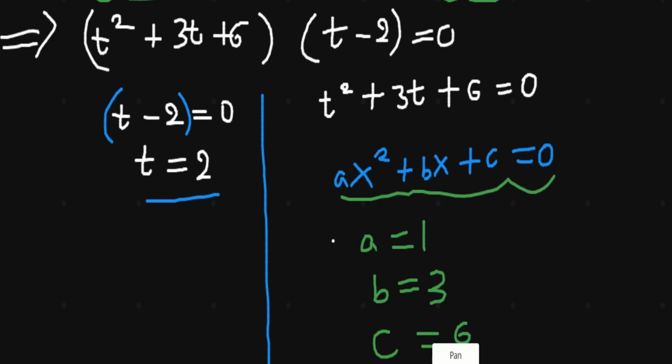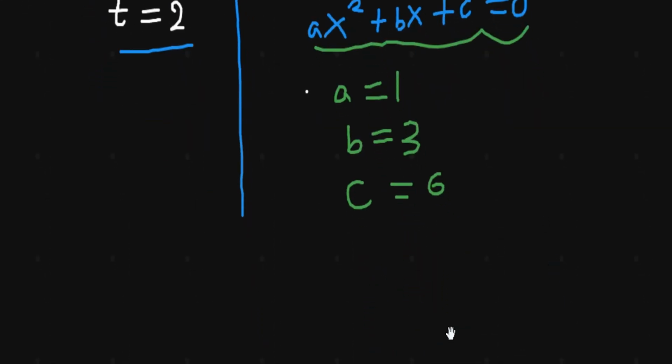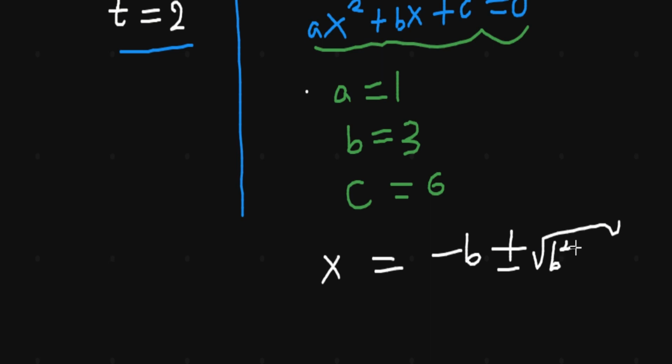So for finding the roots of any quadratic equation given, we have the formula. For finding x we have this formula: minus b plus or minus root b square minus 4ac by 2a.